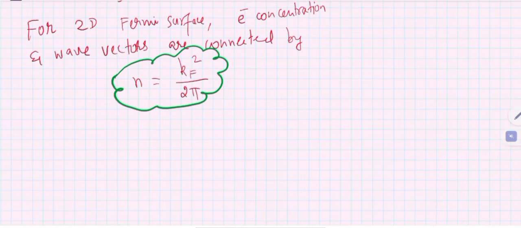So then what we will do is, for metal A, we will write this relation.